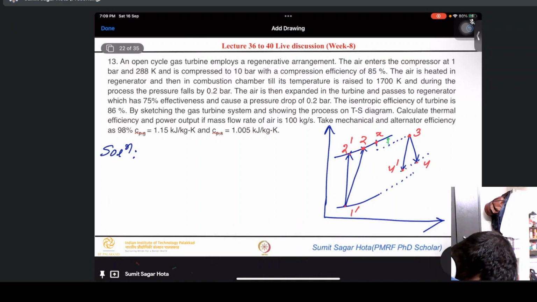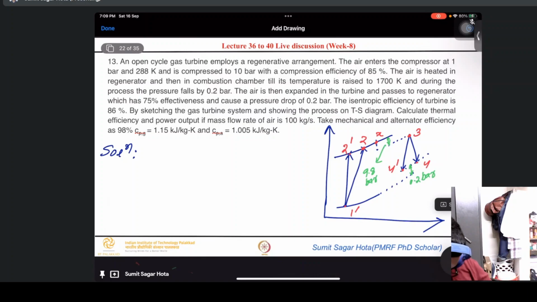Okay, this distance is 9.8 bar, and this is your 0.2 bar. Okay, this is your 1 bar, 288 Kelvin.